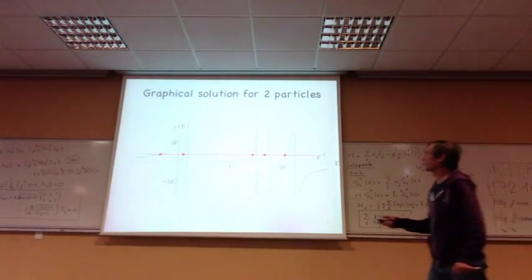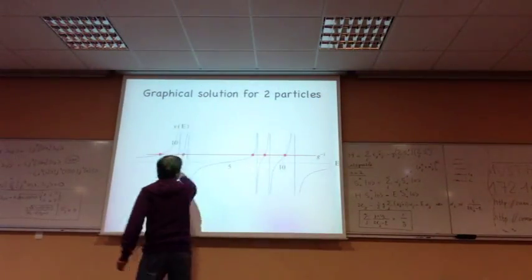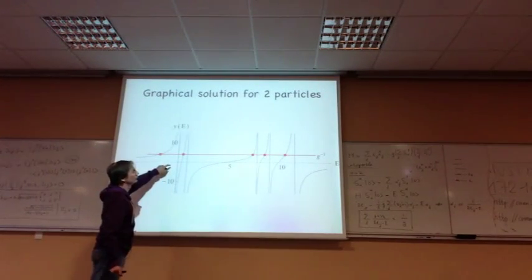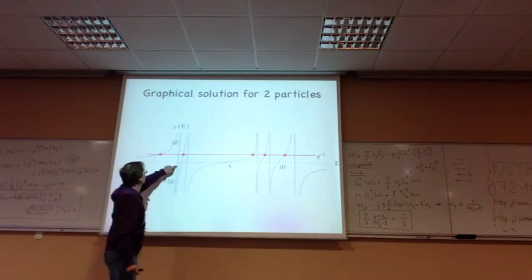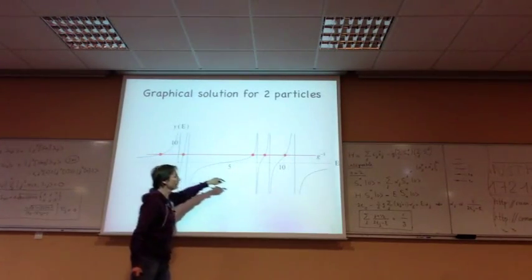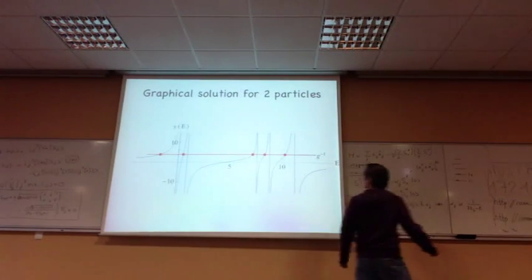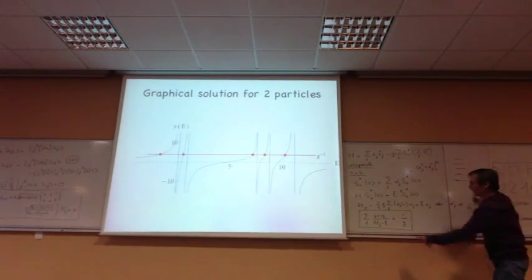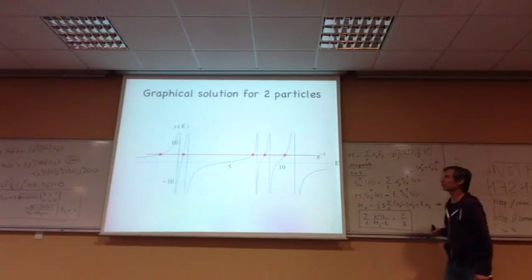So what you have on this axis, the vertical lines, correspond to the choices, I think it will be twice the single particle energies.